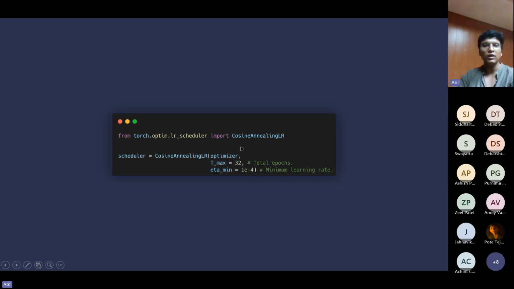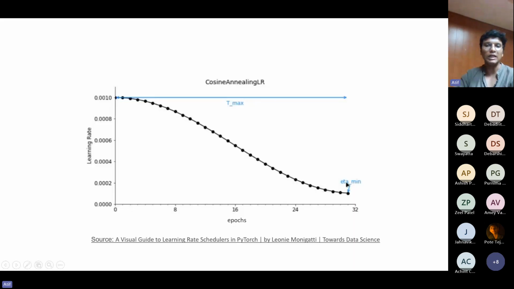You have T max, which is the number of epochs. Remember in PyTorch, if you go to the documentation, they'll write T max is equal to iterations, but that's not the case. It is actually the number of epochs. So if you're running for 200 epochs, just say that you're going to run for 200 epochs.